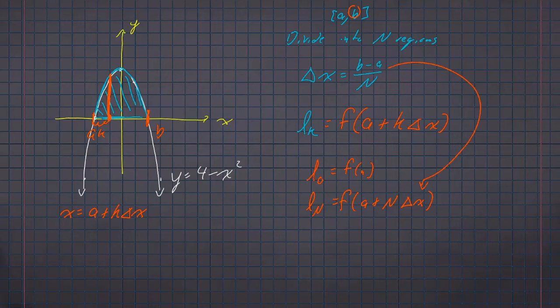If we substitute in the definition of delta x, we're looking at f of a plus n times b minus a over n. The n's cancel each other out, so we have f of a plus b minus a, which is just f of b. So this idea of using the trapezoid rule to analyze our function is now given a more precise meaning.